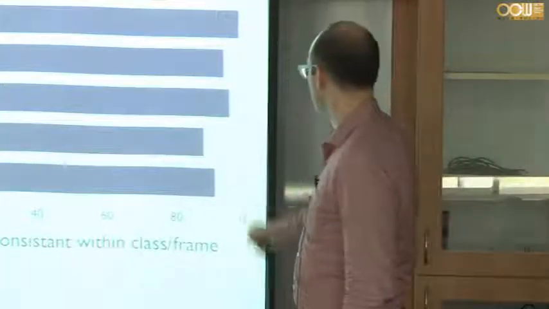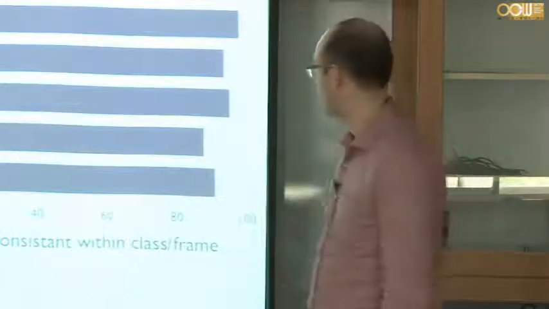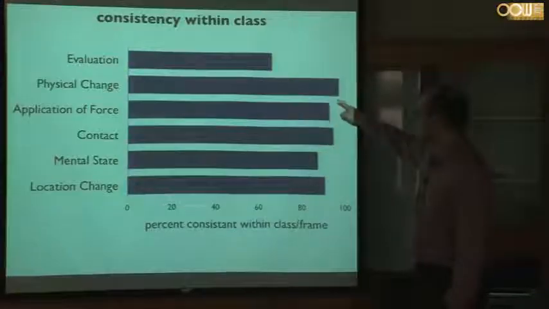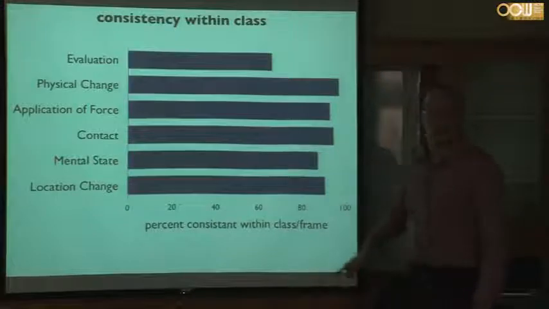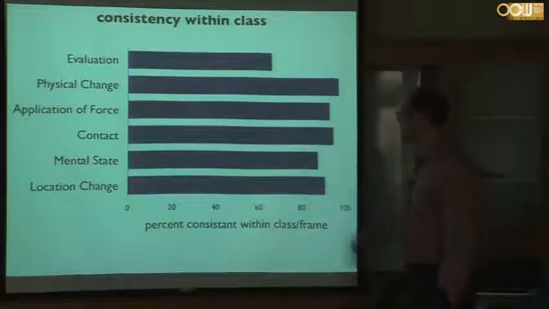This is if we were at ceiling, 100%, where we always get the same answer for every verb in every frame. You can see most of the tasks are pretty close to 100%. You're always going to expect some variability, especially since in some cases we only have 2 people who have answered a particular question, and maybe one of them didn't understand the task, so you're going to have a little bit of variation. This is actually very, very good.